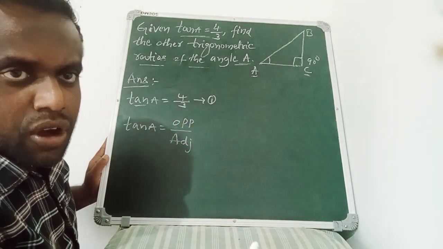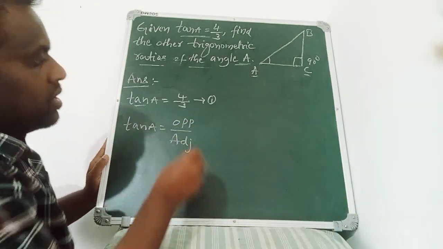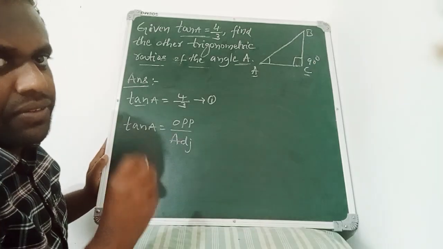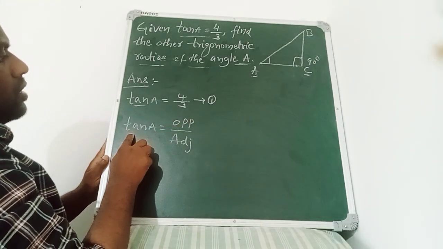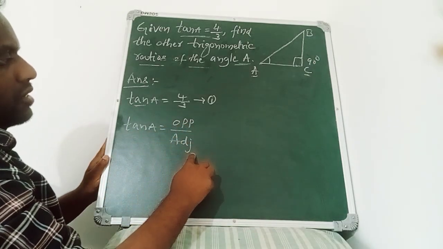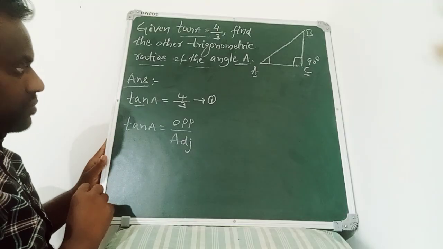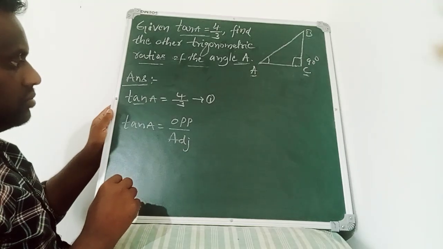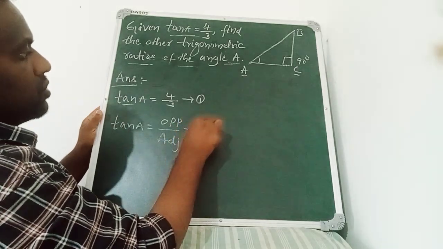OPP is short form for opposite side. ADJ means short form of adjacent side. Okay. So tan is opposite side by adjacent. This is the formula. Call this as equation 2.